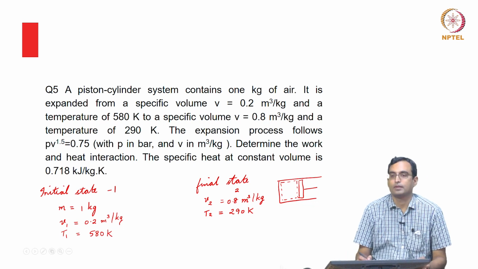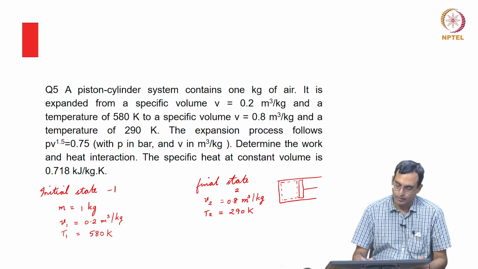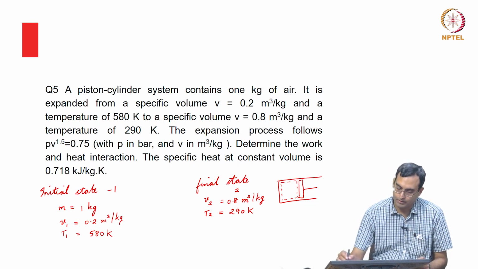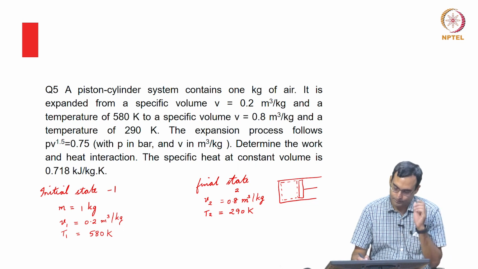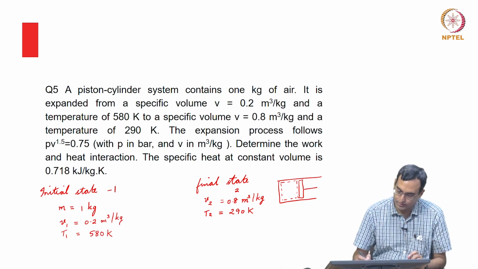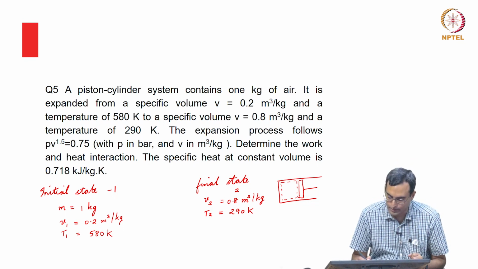So we have the initial state completely, we have the final state which is also there, and we are told that the expansion process follows this kind of an expression. We are asked to find out the heat and work interactions.